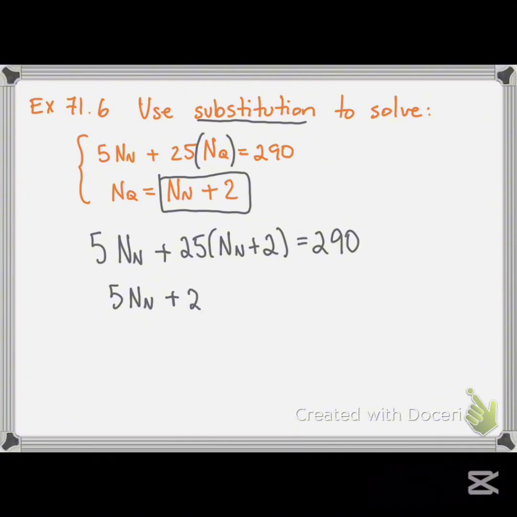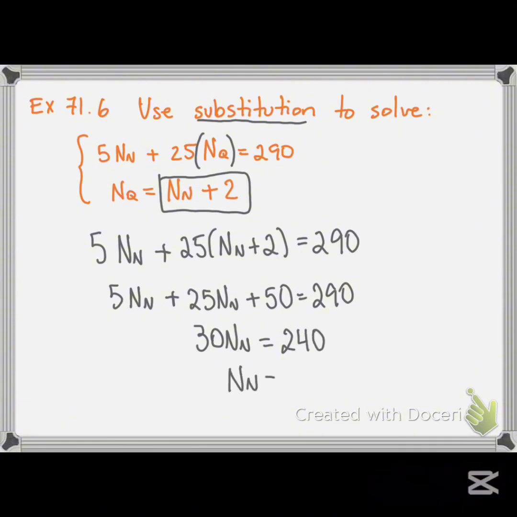So 25 times nn is 25 nn, and 25 times 2 is 50. 25 plus 5 is 30 nn, and then the 50 that is adding goes to subtract, so 290 minus 50 is 240. And then if we divide 240 divided by 30, the answer is 8.